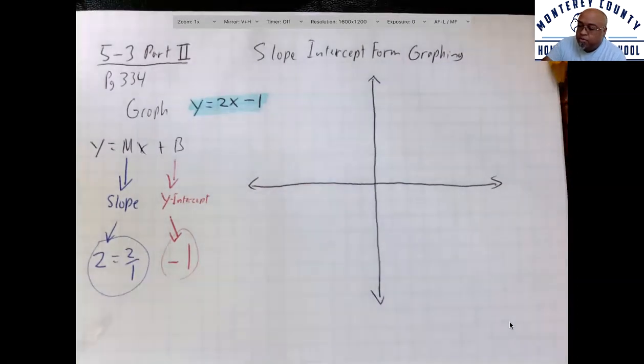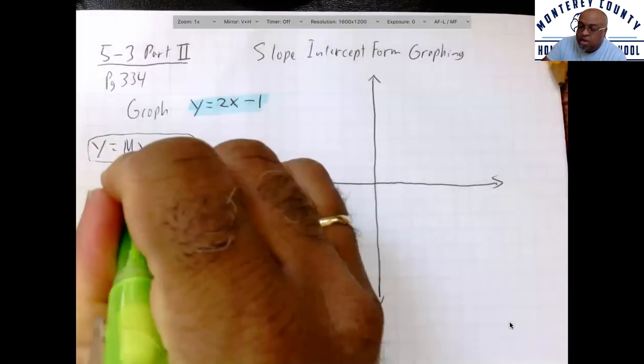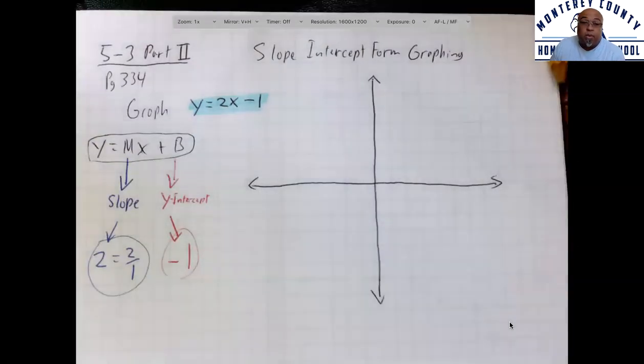Now, slope-intercept form, as I am asking you to memorize, is y is equal to mx plus b, okay? Now, I wanted you to take just a minute to review the forms that I'm trying to make you memorize. The first one is the slope formula: y2 minus y1 over or divided by x2 minus x1, okay?